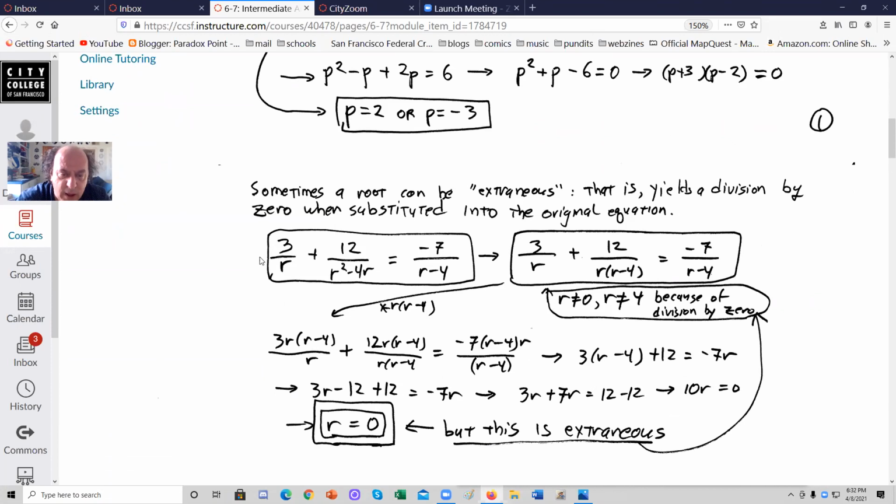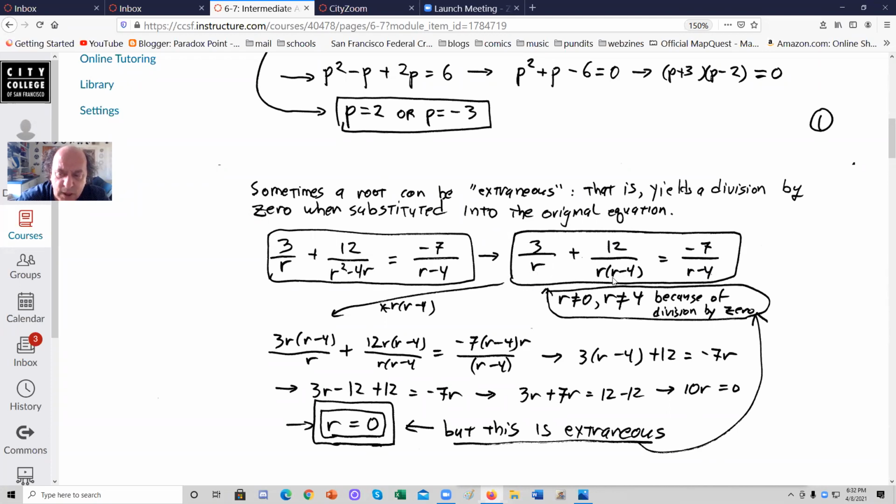All right, here's an example, and you can review here. 3 over r, plus 12 over r squared minus 4r, equals negative 7 over r minus 4. And then factoring everything out, you get 3 over r, plus 12 over r times (r minus 4), equals negative 7 over r minus 4. Now, in this original equation, if you substitute r equals 0, we get a 3 over 0 and a 12 over 0.